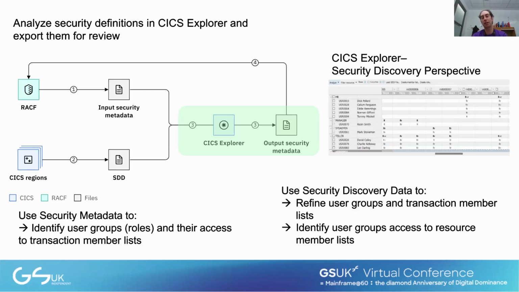So you'll get a big table, and across the top, you've got the member lists and resources. So this is transactions. You can see a bunch of member lists there with a lowercase m at the start. These are all the ones that the CICS Explorer has automatically generated as part of an analysis that you ran.